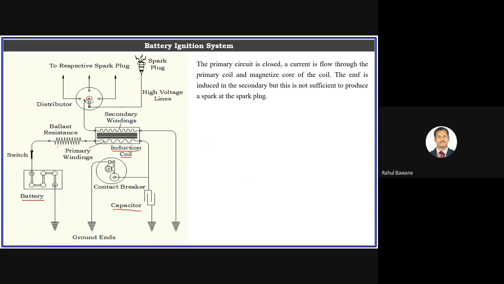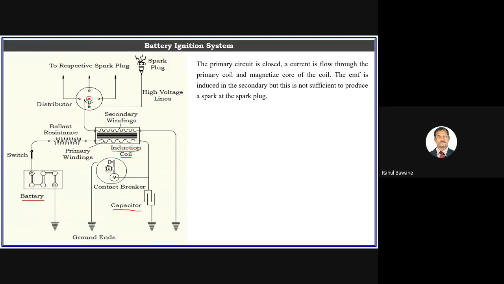As I said at the beginning, when it is in cold condition there will be negligible electrical resistance, so current will flow through the ballast resistance, then through the primary winding, which has fewer turns and higher diameter. Then from the primary winding it comes to the contact breaker point. If the two points are in contact, the circuit is completed through this contact breaker point, as the second end of the contact breaker point is again attached to the chassis. So this primary circuit is completed.